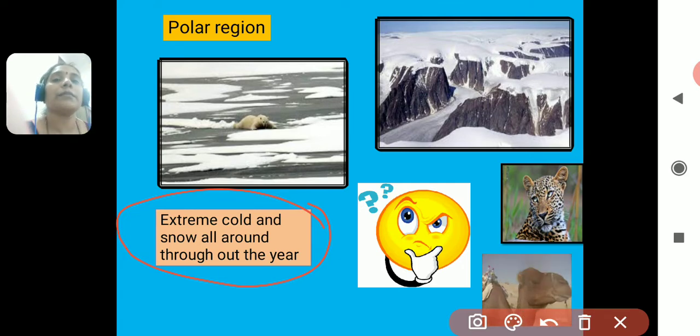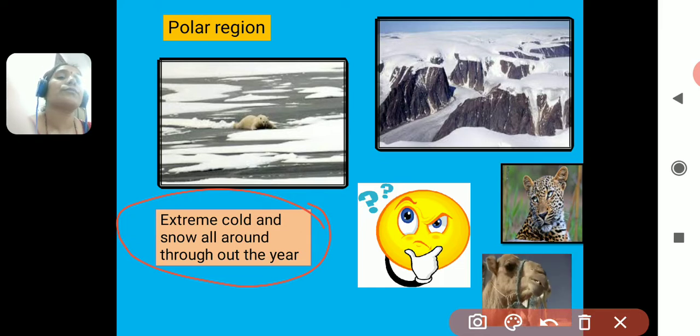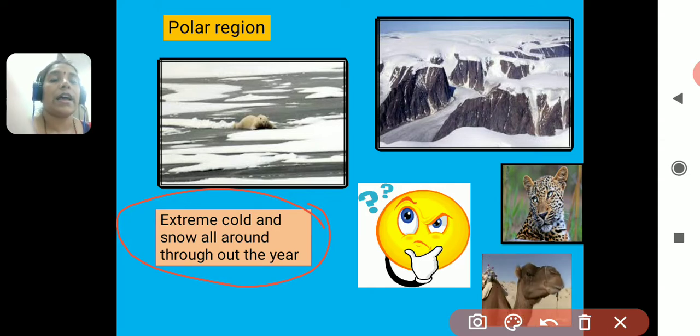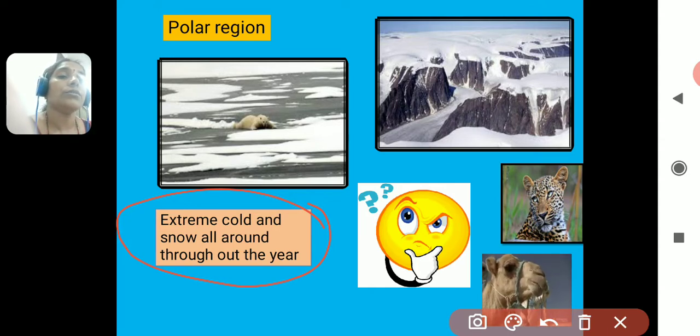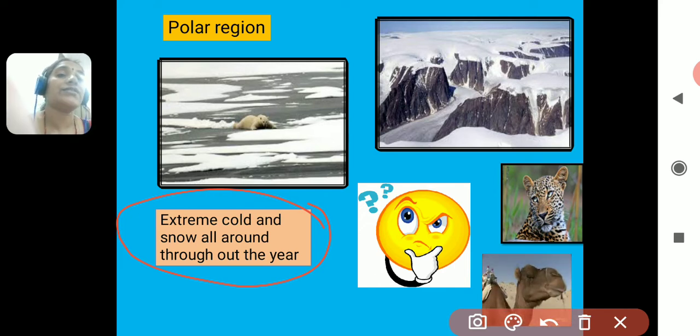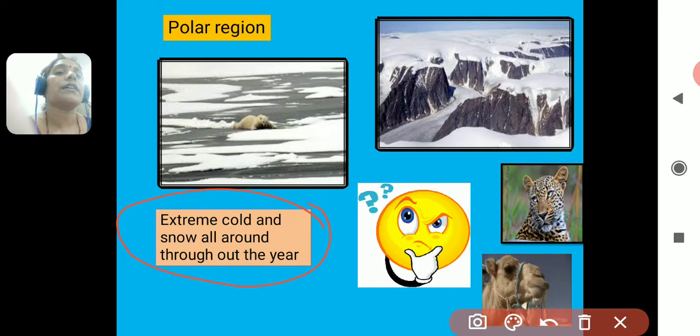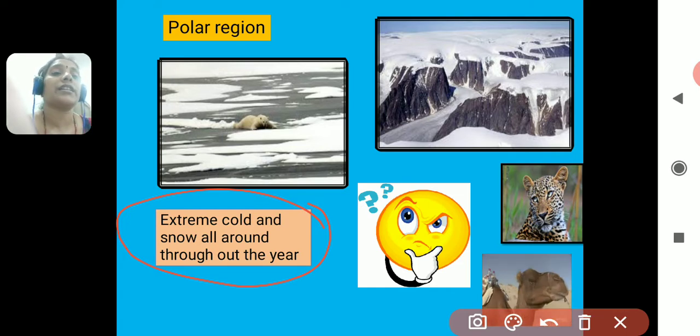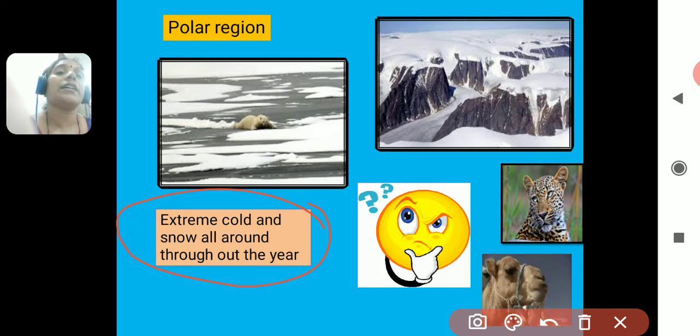To protect ourselves from the cold, what do we do? We wear woolen clothes and they help us to protect ourselves from the cold. So we can't adjust to such a climatic condition. Our body is also not adapted to this climatic condition.